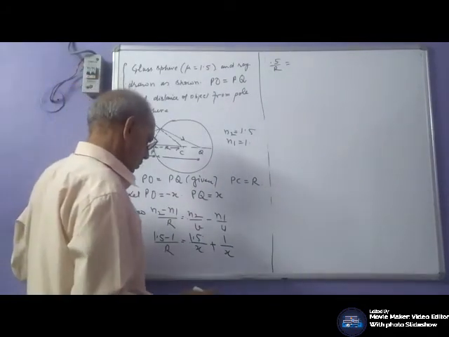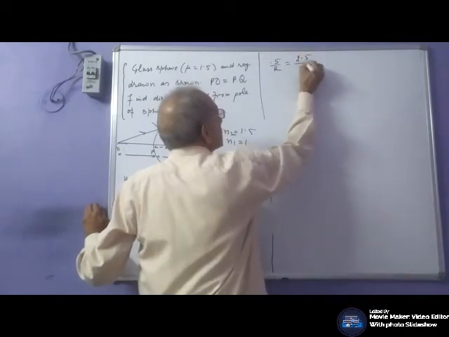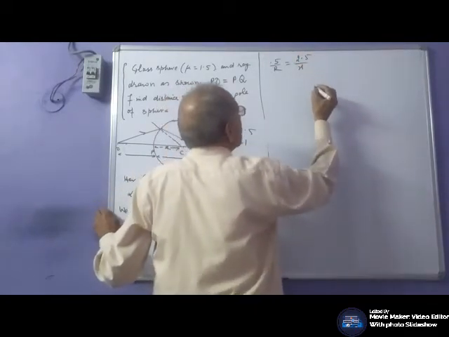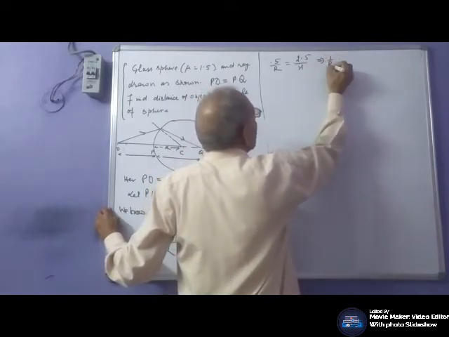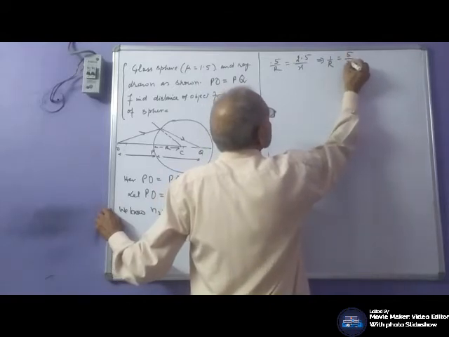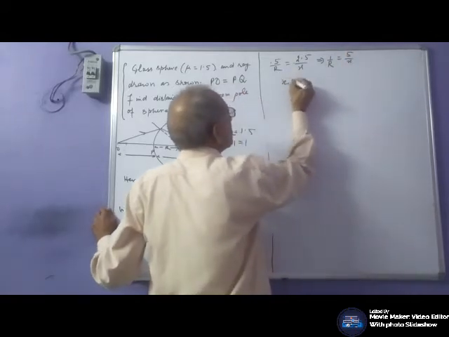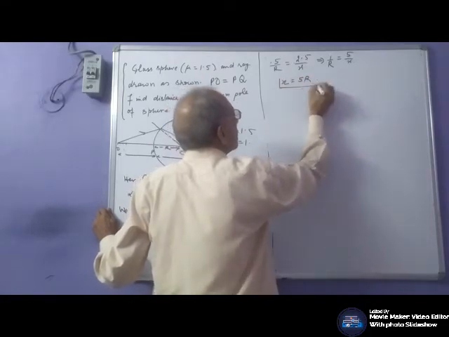It is 2.5 by x, or it is 1 by R, 5 by x, or x comes out to be 5R.